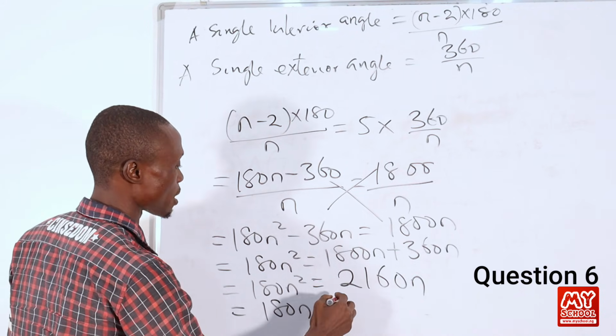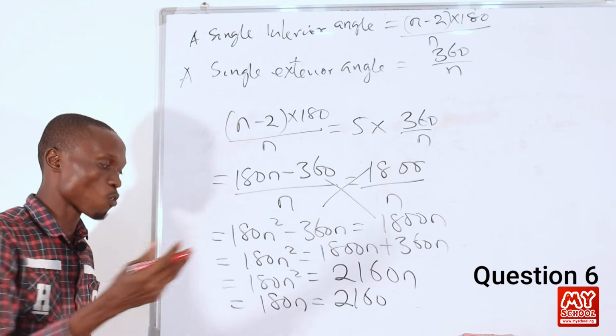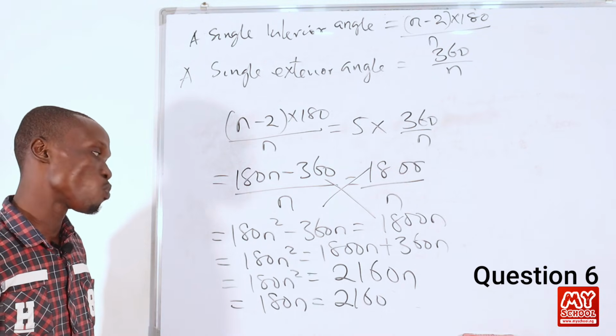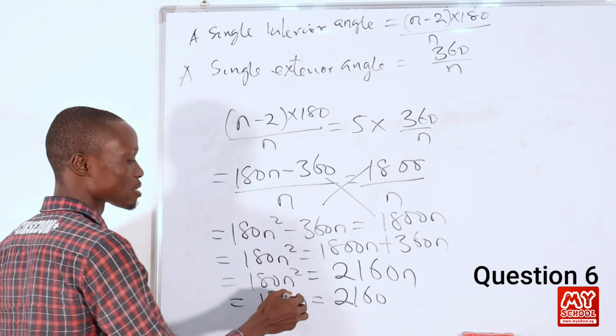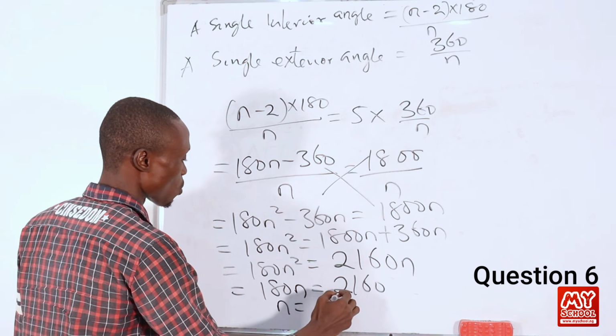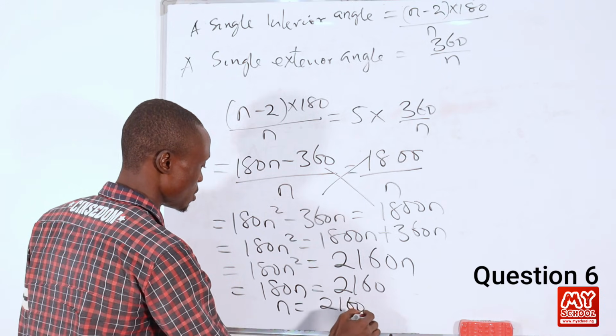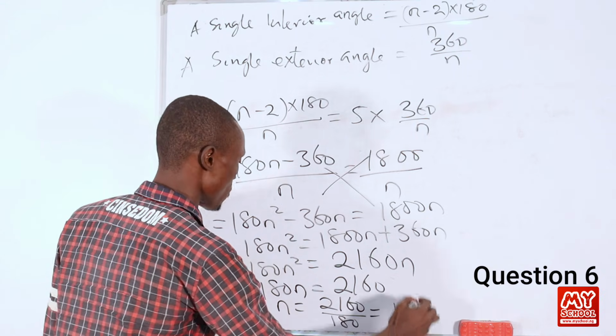On my right hand side, I will have 2,160. We are asked to identify the polygon, which is actually the number of sides of the polygon. To get that, n becomes 2,160 divided by 180, and that will be equal to 12.